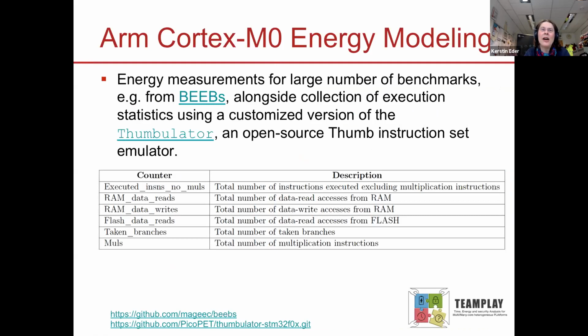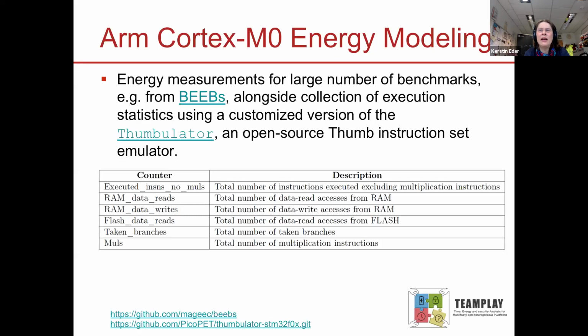Okay, so we've looked at a large number of benchmarks, embedded benchmarks from the BEEBS benchmark suite. That's the Bristol and Embecosm embedded benchmarks. And we collected execution statistics. Now, many of you will say, hang on, the ARM Cortex M0 doesn't have PMU counters as part of the architecture. That's true. So we needed to be more inventive.